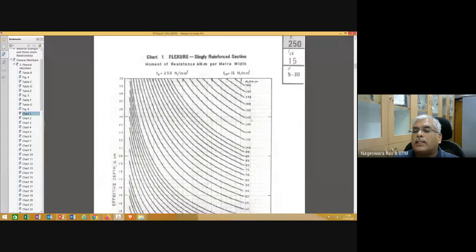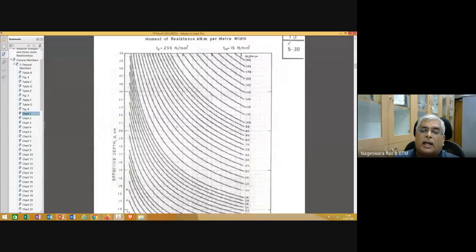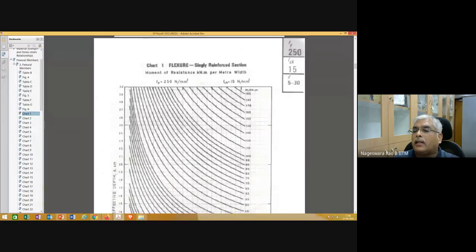Different curves are given for different Mu divided by B. This one is for Fe250 and concrete grade FCK equal to 15, that is M15, and the depth varying from 5 to 30, sorry, 5 centimeters to 30 centimeters.